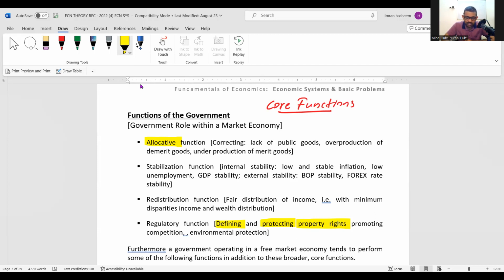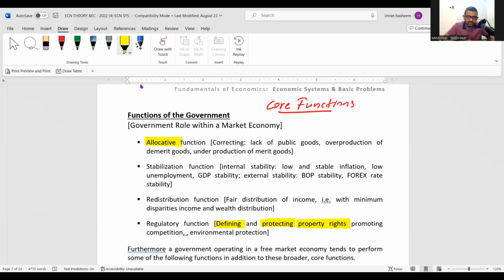Then sometimes when it comes to things like especially merit goods, education, healthcare, private sector will provide education and healthcare. But the education and healthcare provided by the private sector, number one, is not enough, insufficient. Everyone doesn't get enough of those services. Number two, very expensive. So these are fundamental rights, basic rights.